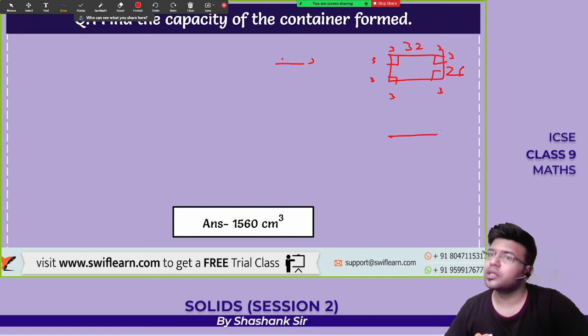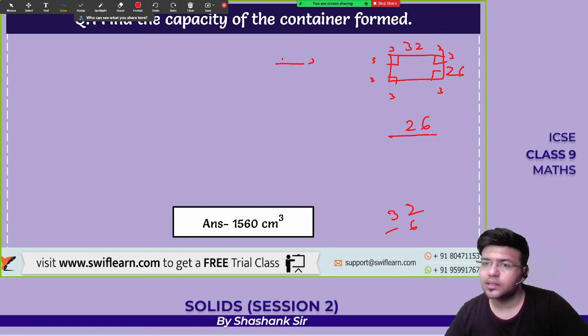This dimension is 32 minus 6, which is 26. And this dimension is 26 minus 6, which is 20, and the height is 3 centimeter.